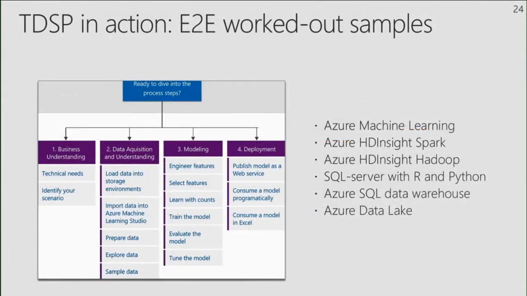Okay. So in addition to the four components, lifecycle, template, structures and roles, guidance regarding infrastructure, and finally, the reusable code, we have worked-out samples that we have published on a variety of platforms using Azure Machine Learning, HDInsight Spark, Hadoop, SQL Server with R and Python, and so on.